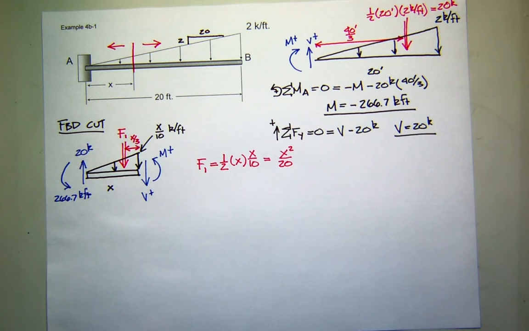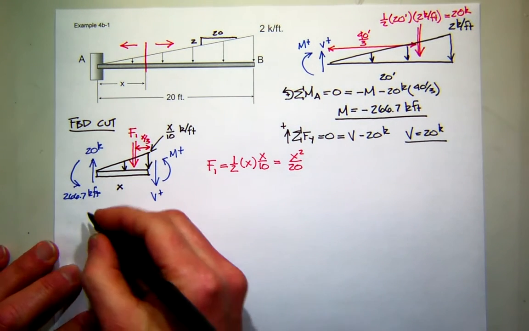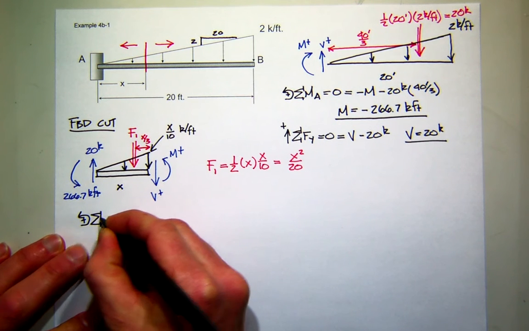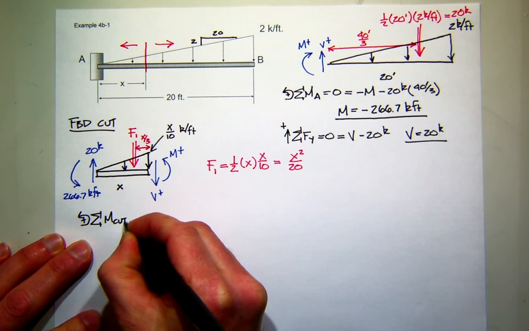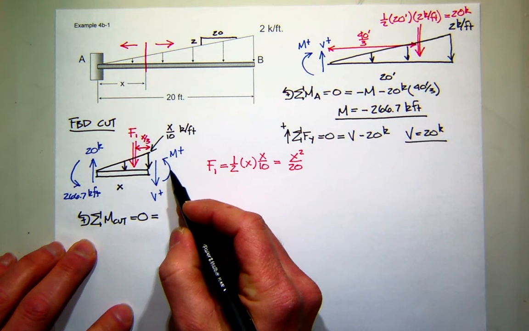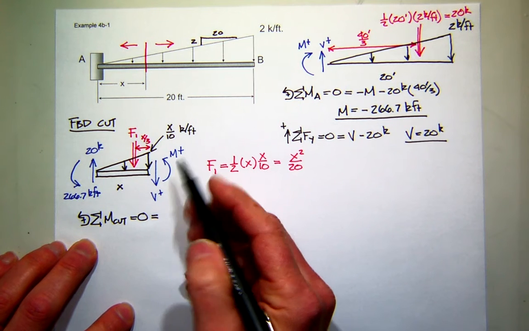Right? So what's the first one we always do? Sum moments. So there's my sign convention. And now I'm going to sum the moments about the cut and make sure they're in equilibrium. So let's do that. Starting on the right-hand side with this sign convention, right-hand rule, this moment is positive.